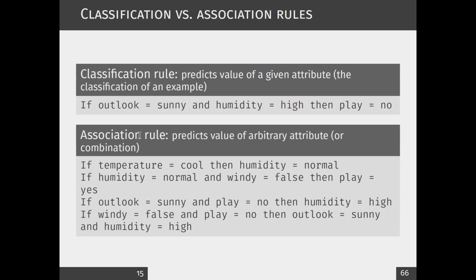Association means any association. For example, this is quite useful in what we call market basket analysis. Market basket analysis means when you go shopping, right? What items you buy together could be extracted using association rules, which I will discuss.